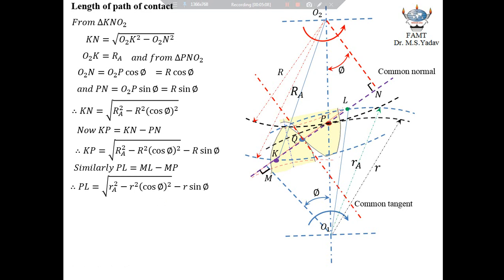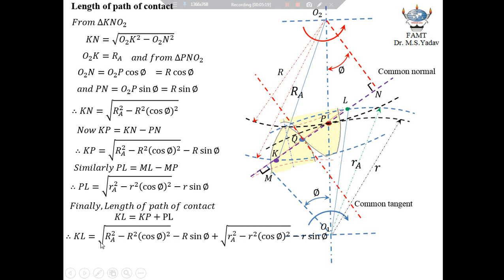Finally, length of path of contact KL will be equal to KP plus PL, and the expression for length of path of contact will be square root of capital Ra square minus capital R square cos square phi, out of the square root sign minus capital R sin phi, plus under square root small ra square minus small r square cos square phi, and out of the square root sign minus small r sin phi.